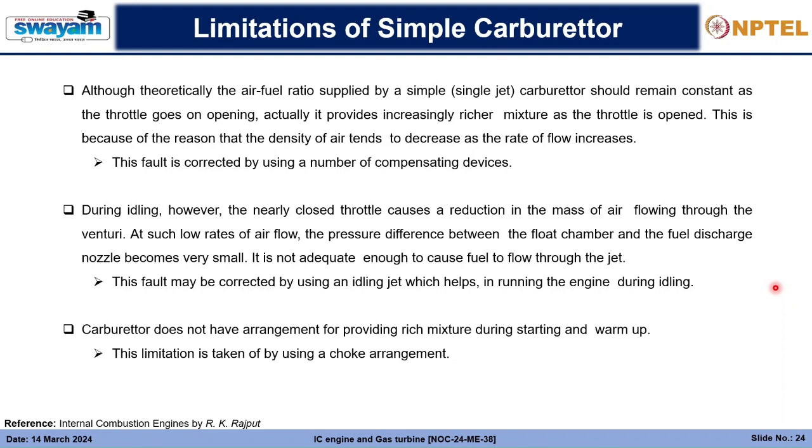So there are certain limitations, as we now know, and there are certain methods of correcting those faults. Now we will study these methods, which are augmented to a simple carburetor in order to supply the desired air-fuel ratio at the desired conditions.